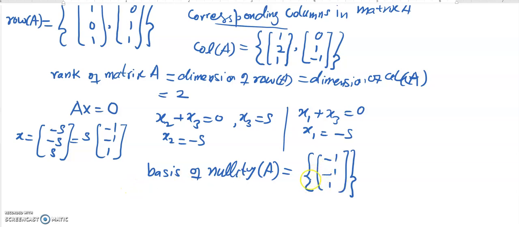The dimension of this basis is 1, because there is only one component over here. Therefore the nullity of A is equal to 1.